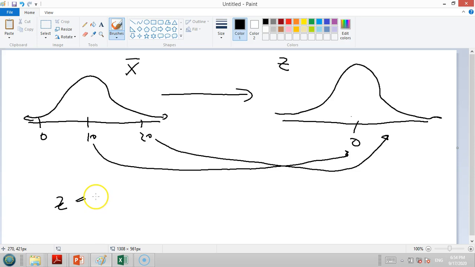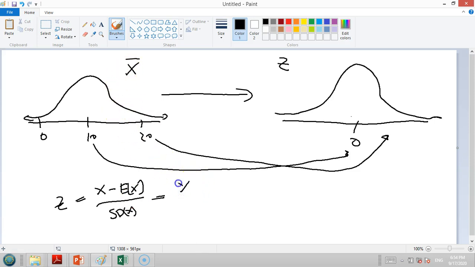equals, if you remember what it is? Well, I remember, okay? It's the variable x minus expected value of x, divided by the standard deviation of x. So x is just some random variable, okay? That's normally distributed. In our case, what is my x? It's x bar.